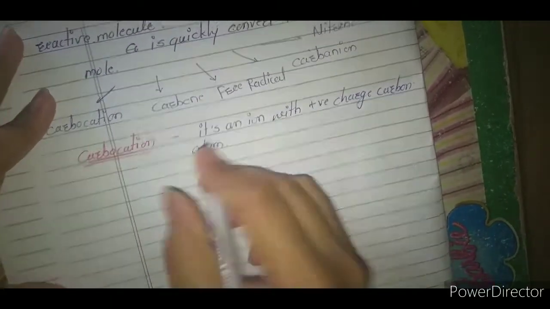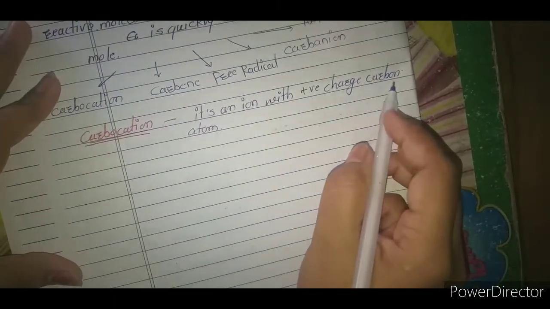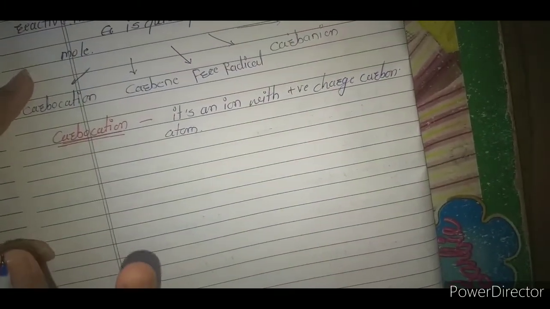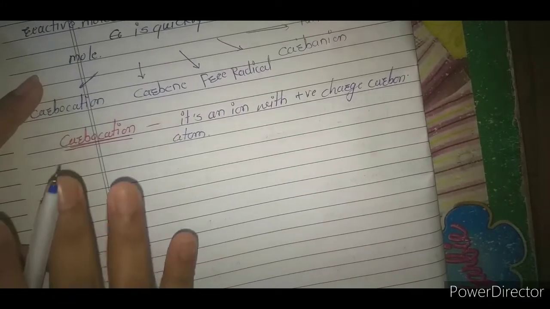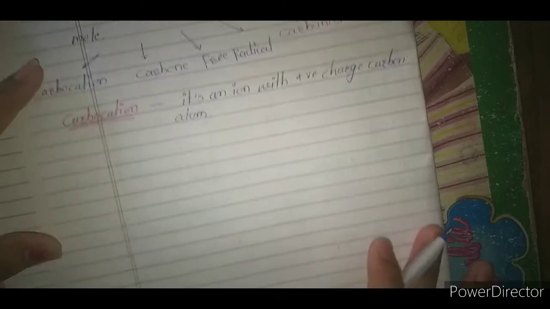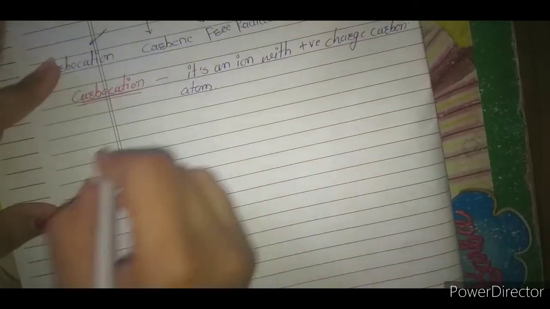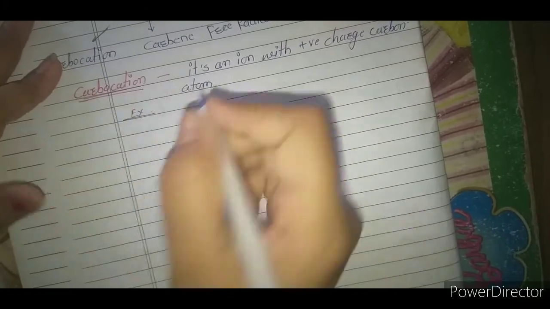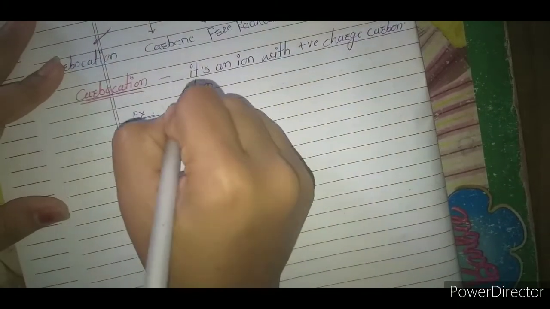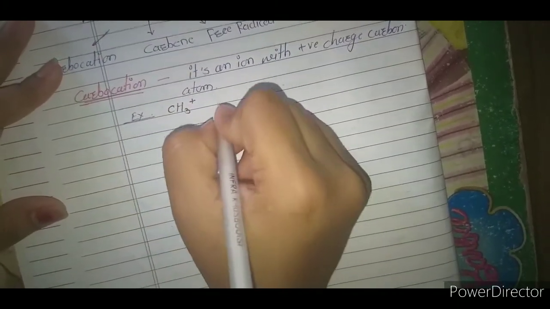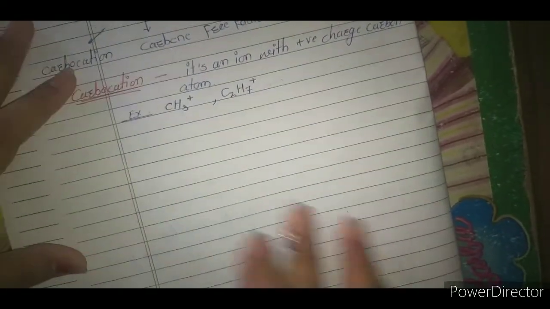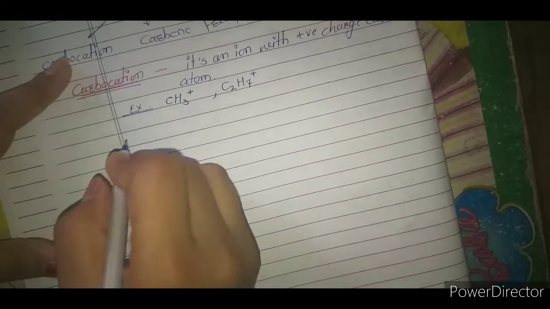Okay. It is an ion with a positively charged carbon atom. Okay. Or carbon having a positive charge. Simply, carbon having a positive charge is called a carbocation. Okay. So examples of carbocation are CH3 plus, C2H5 plus. Okay, it is an example of carbocation.